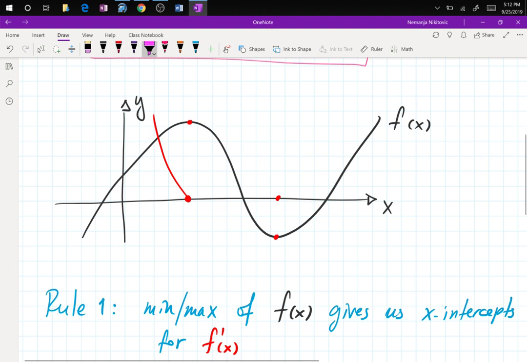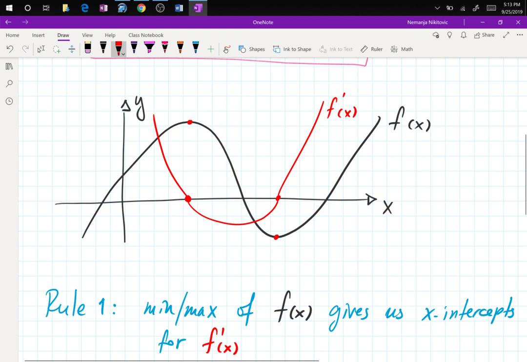Then, on this region here, when I look at the x values, we see that the black line is decreasing, meaning that the derivative is going to be negative, below x-axis. And then later on, it's increasing again, which means it's going to be positive. And that will be the sketch of f prime of x.